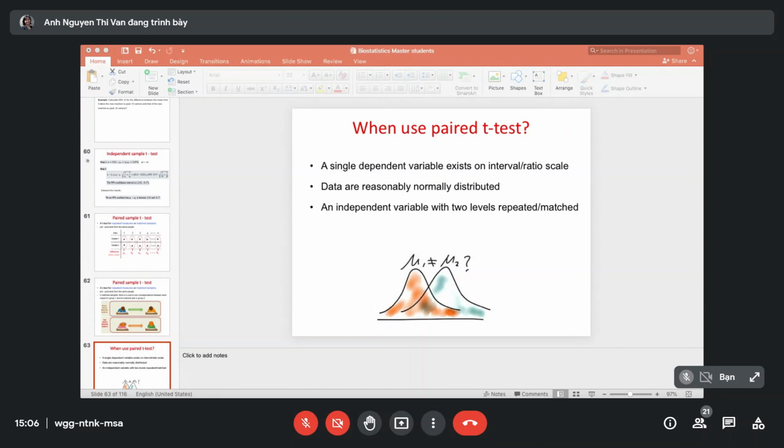Yes. And the last one is the independent variable is matched together. Yes, they match together. They are paired data. Or it can be repeated measures. So before you want to use a paired t-test, you need to check these assumptions first, to see if it's the correct test for you.